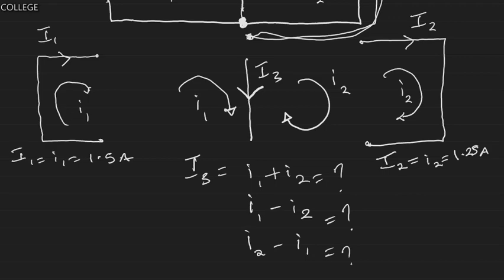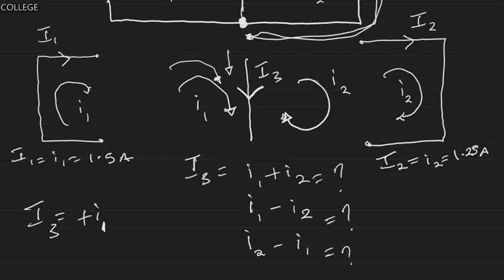If you look at this carefully, you see that the mesh current i1 and the branch current i3 are pointing in the same direction. So we have our i3 first of all to be plus i1. Now, i3 is pointing in the opposite direction to that of i2.